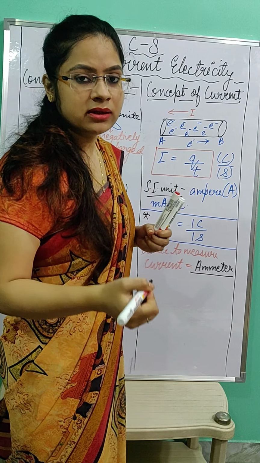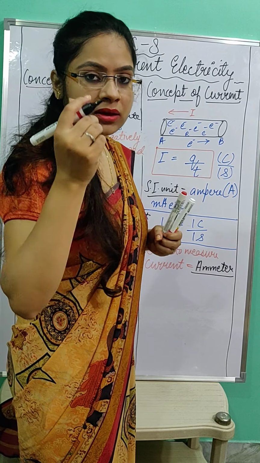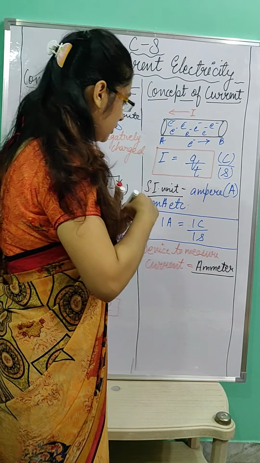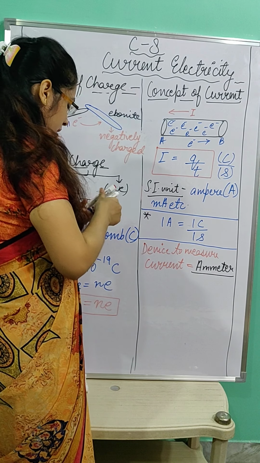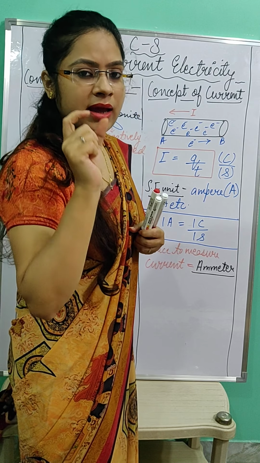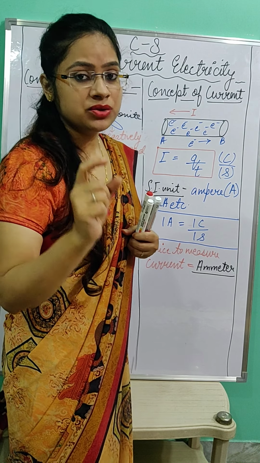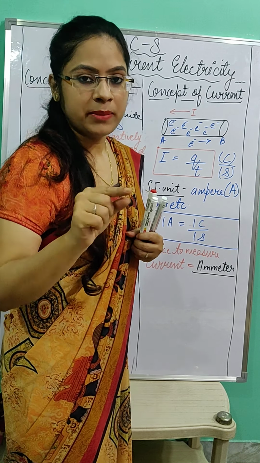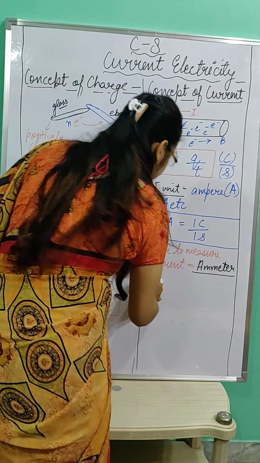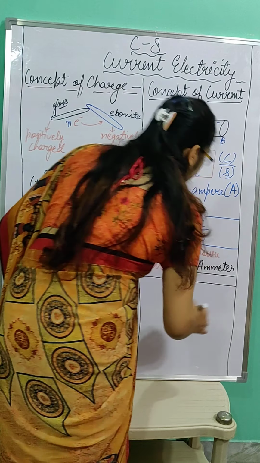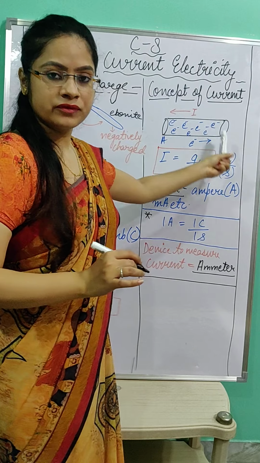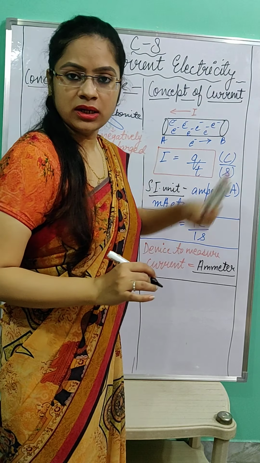That we will discuss later, what is meant by joining in series combination, in the next part. Okay. And also you have to remember this point, that you have already studied in 9th class, that an ammeter is always connected to the positive side of the battery or the cell. Okay, children? I hope now you have understood the concept of charge and how the flow of charges constitutes the current.